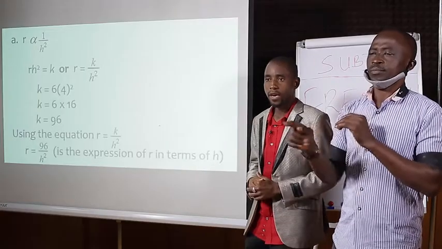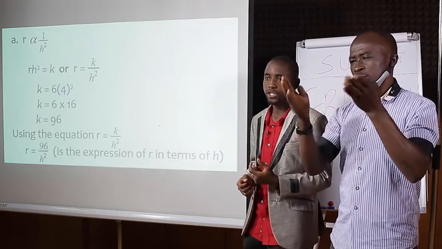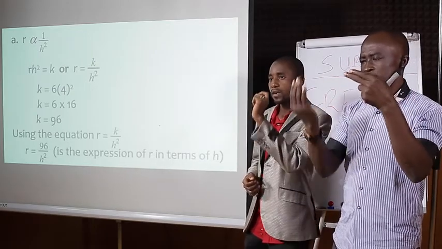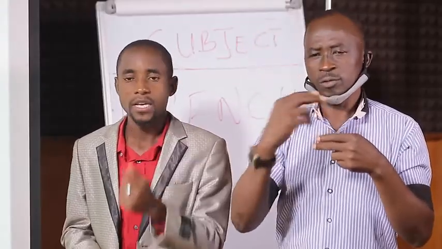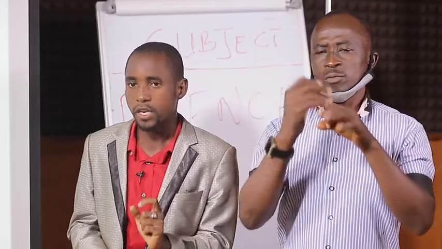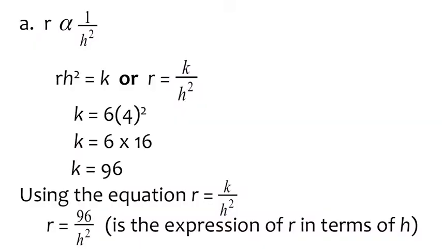Therefore, k equals 6, open bracket, h, bracket close, raised to a power of 2, because h is squared, and the value of h is 4. That is the reason why 4 has a square. Upon simplification, we have k equals 6 times 16.